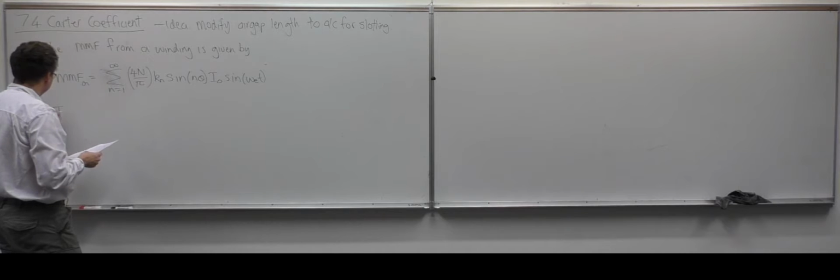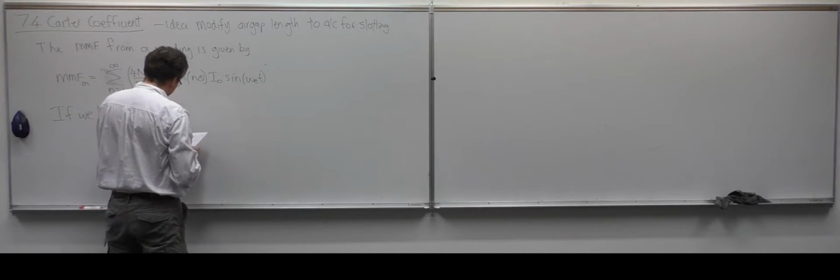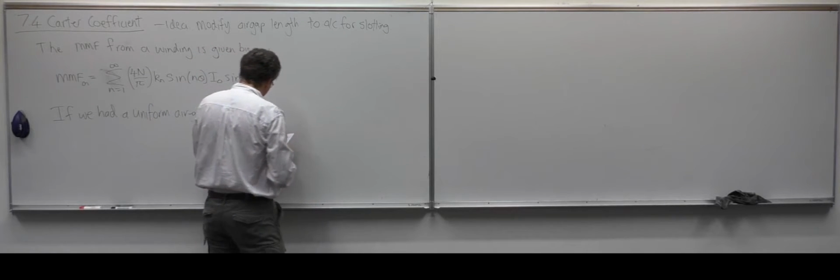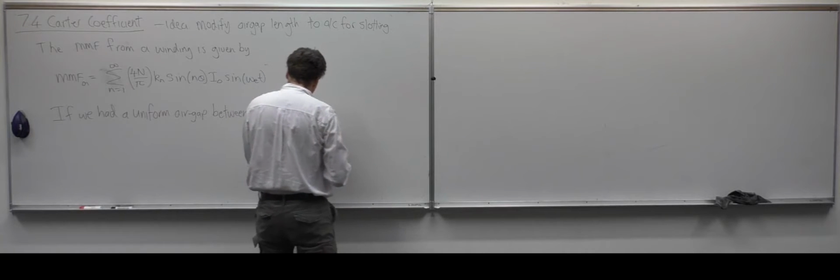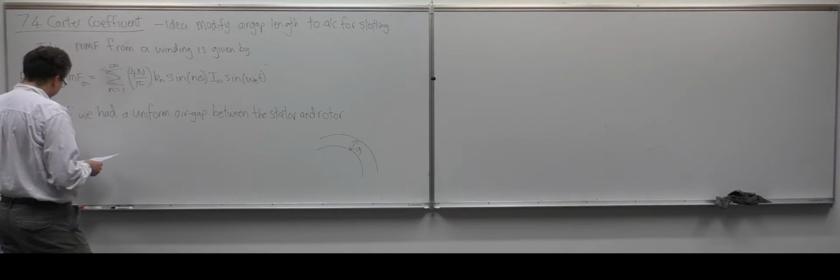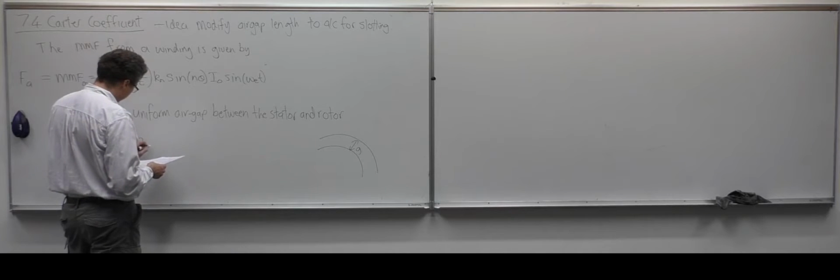So if we had a uniform air gap between the stator and rotor, gee, nice smooth air gap, then we could say that this MMF, I could call it FA, is equal to flux flowing across the gap times the total reluctance.